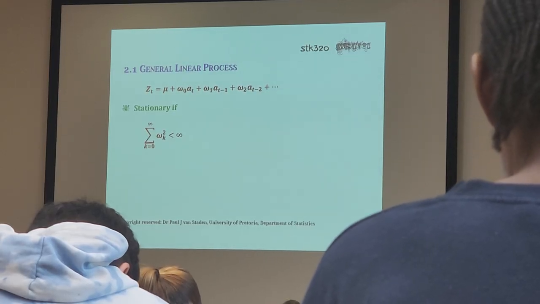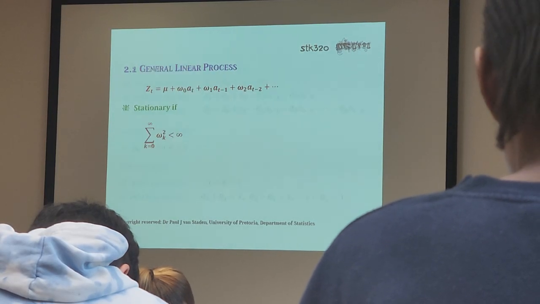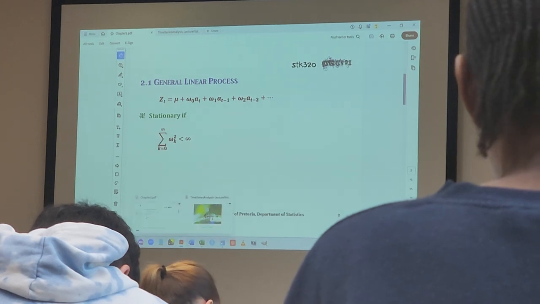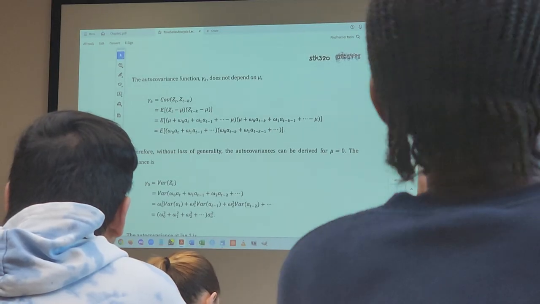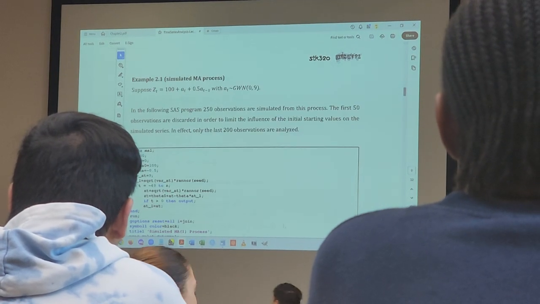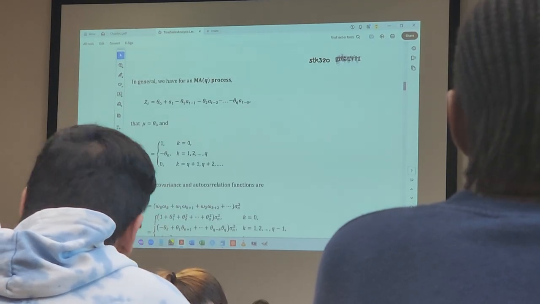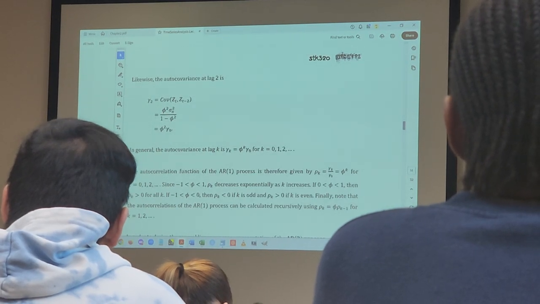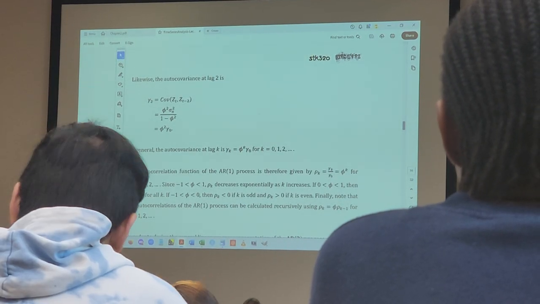And what also happens is, if you go and look at the lecture notes and scroll down a bit, for AR models, if we look at an AR1 model, the autocovariance function is very straightforward.